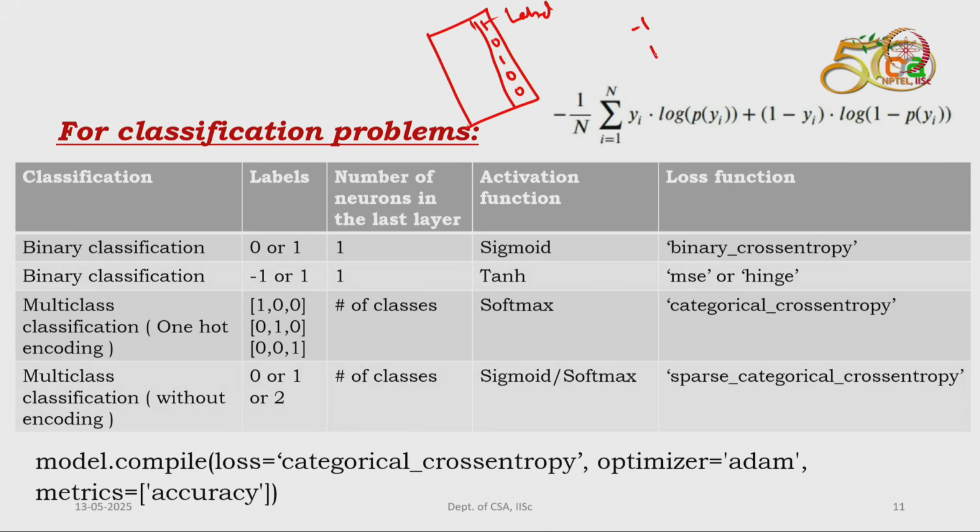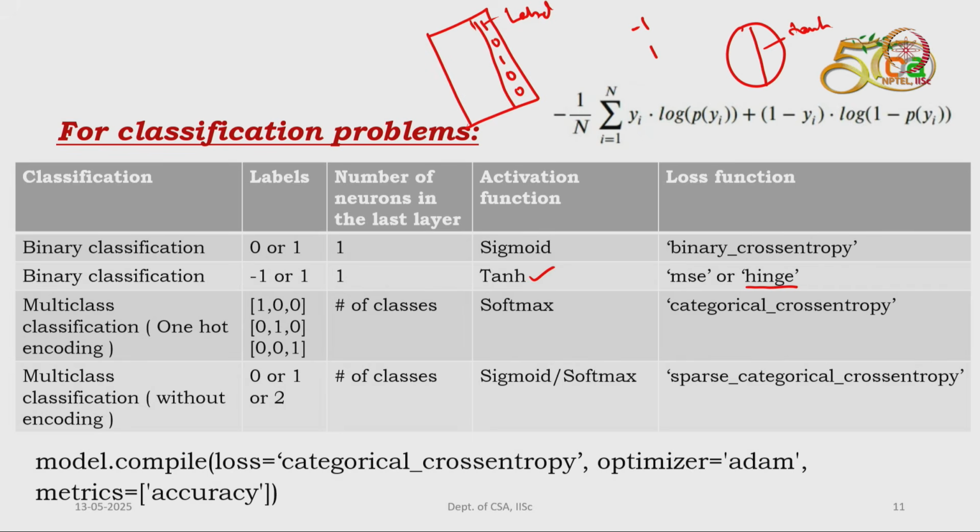Then at the last output layer, instead of using a sigmoid activation, we can use a tanh activation function. If we are using tanh, the loss function we can use is a hinge loss, or we can even use MSE loss, mean square error.